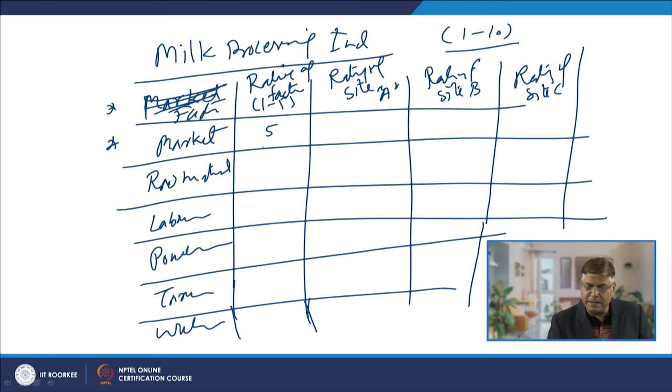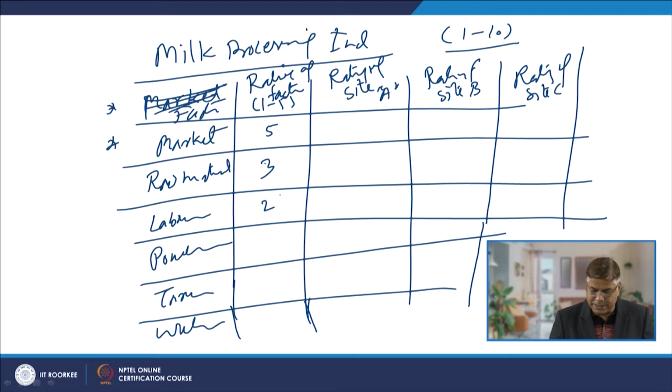So, say importance is given 3, because it will be coming from different sources. Then labor is, say, rated 2 because of easy access to workers, and power availability is crucial for smooth functioning of the organization, say rated 4.